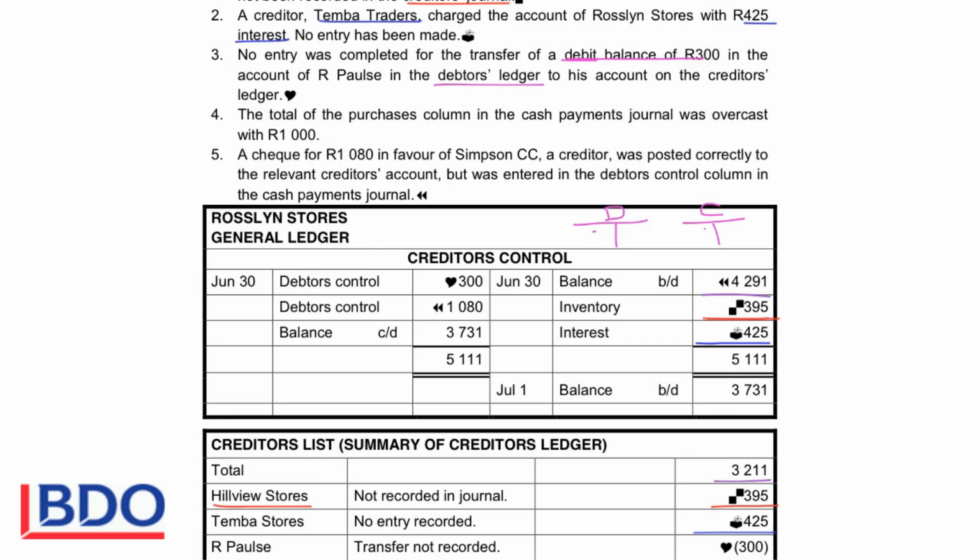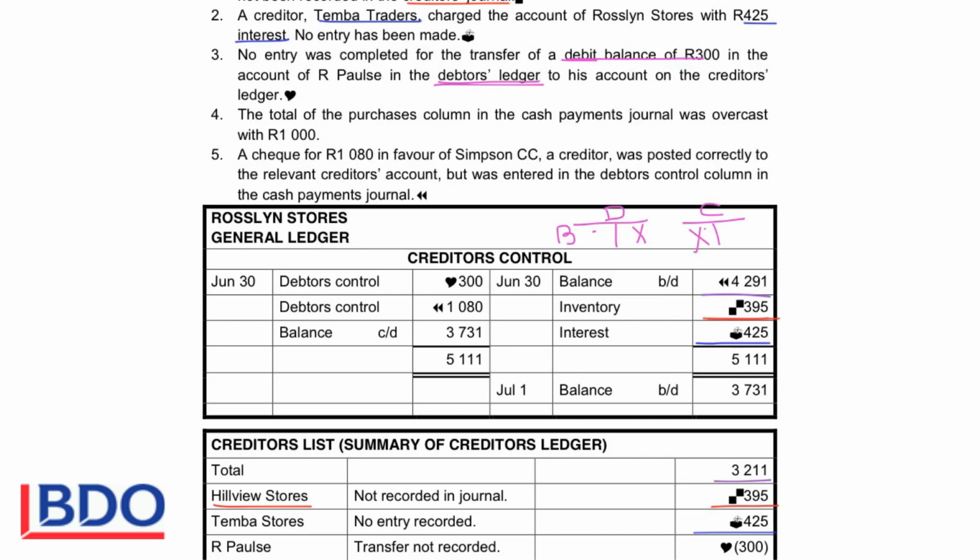They say this debit balance is in the debtors ledger. So it means this balance in the debtors ledger is on the debit side. If we want to transfer it, we must take it out of the debtors ledger on the credit side and put it into the creditors ledger on the debit side. Therefore, this 300 Rand will be recorded on the debit side of the creditors control and in the account of Pulsar.